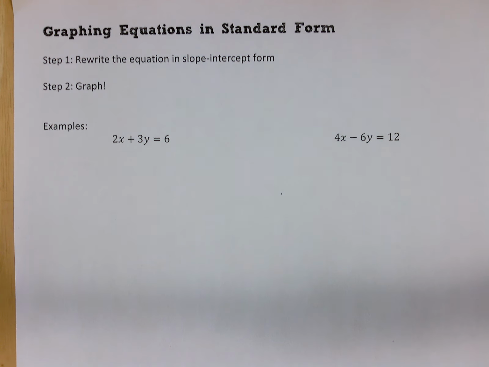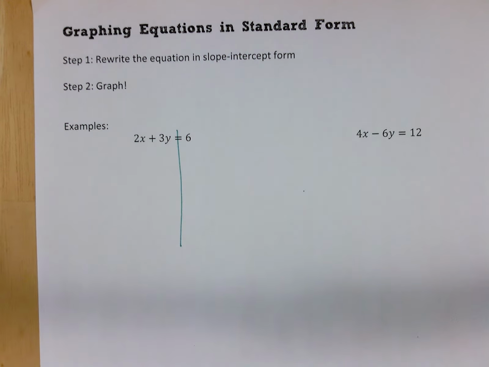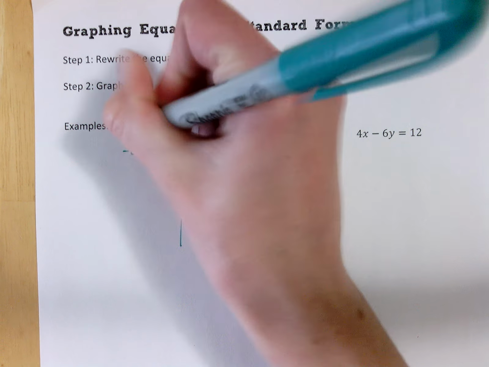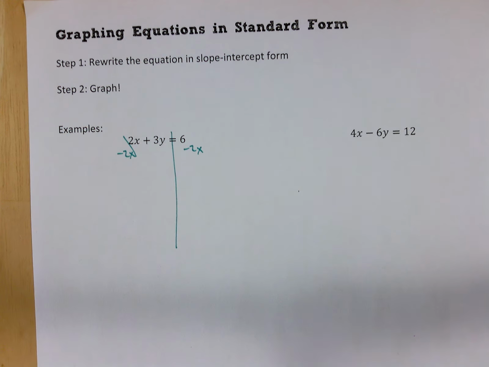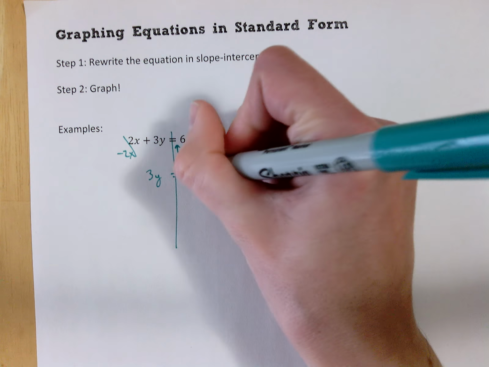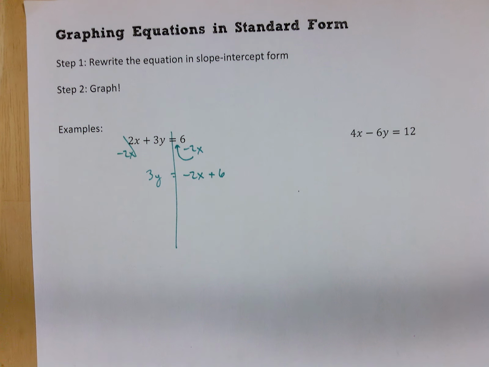The first thing that we have to do is subtract the 2x from both sides. So I'll subtract 2x, subtract 2x. That's going to leave me with a 3y over here. And then like before, I'm going to sneak that in the front. So I'll write it as negative 2x and then positive 6, so plus 6.